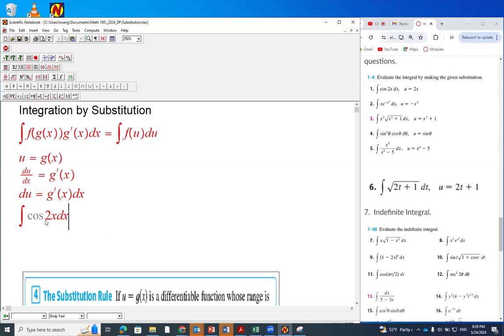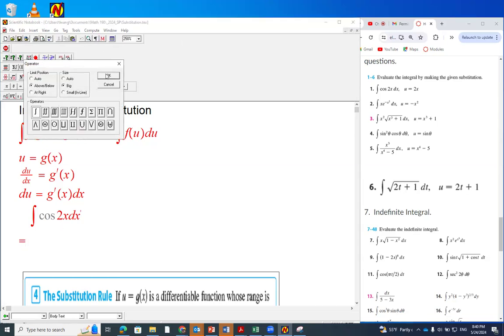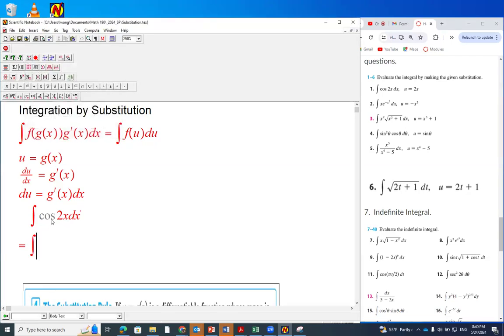So if we assume 2x is u, we're given the hint in that question. If we assume 2x is u, we will need a du.